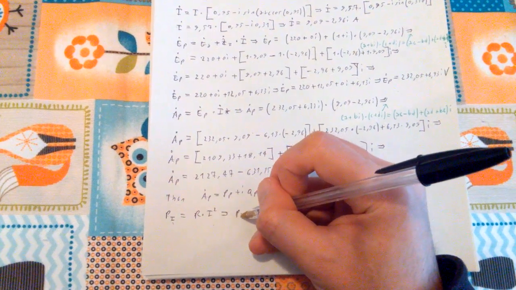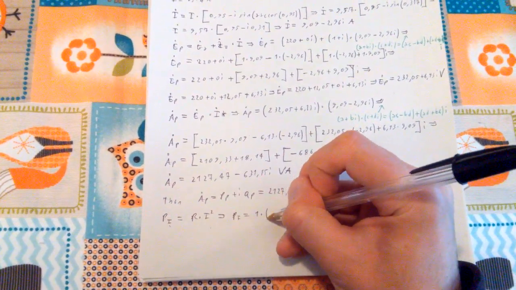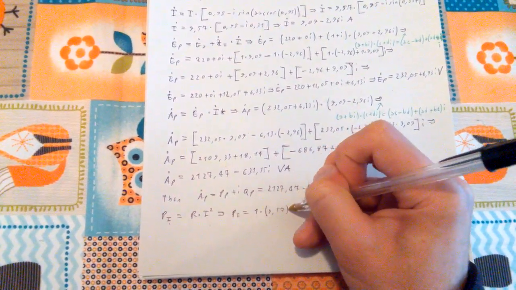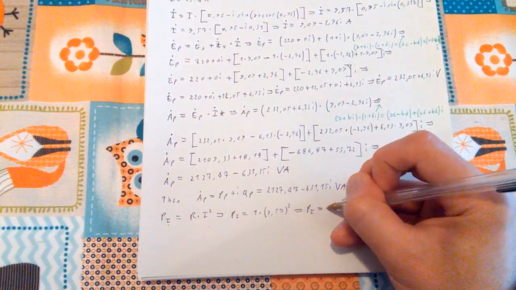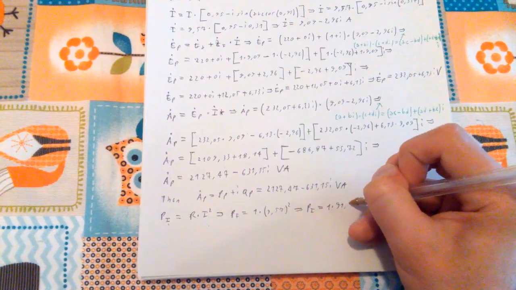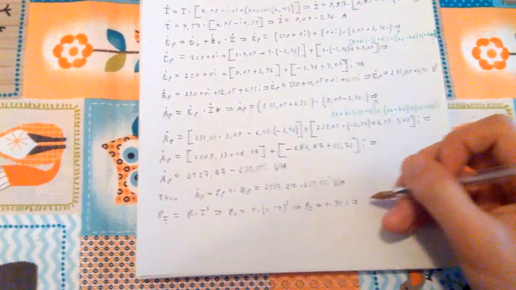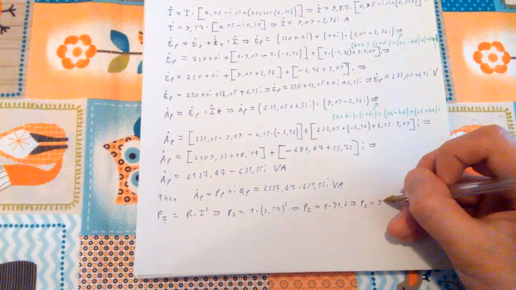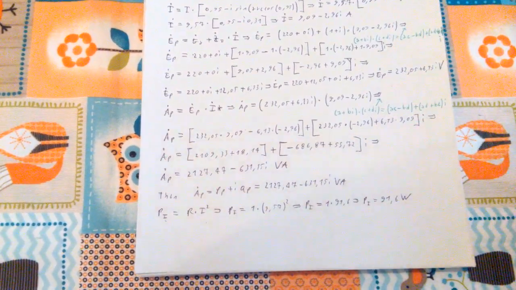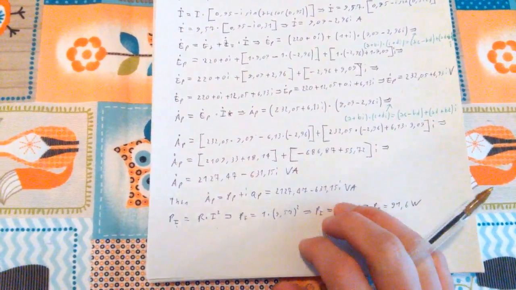So PI is 1 times 9.57 squared, which is 1 times 91.6, so 91.6 watts, of course, since it's the power.